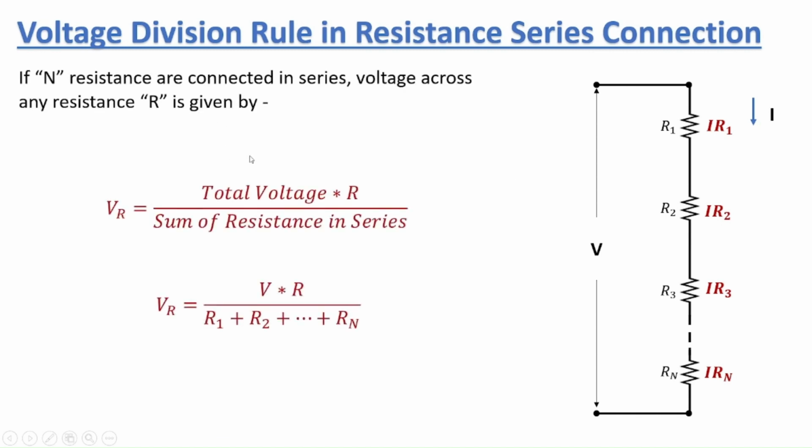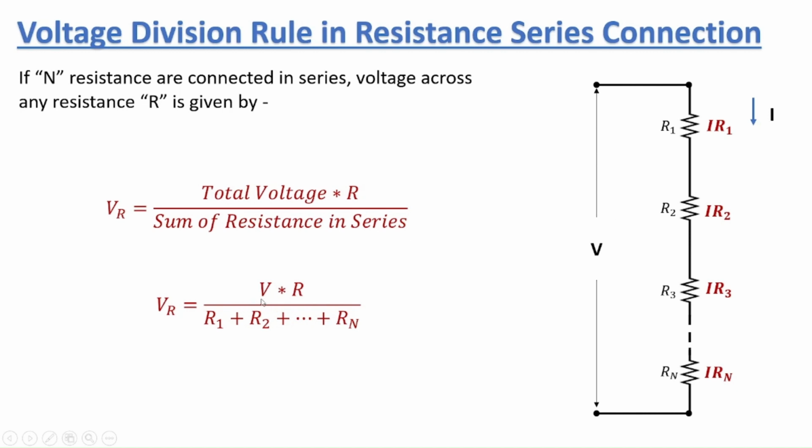For this purpose, we use this formula: VR equals the total voltage. Total voltage means the whole series connection. Across this series connection, whatever the voltage value is, that voltage we take here. So this is the total voltage. Multiply it with the resistance value whose voltage drop you want to calculate and divide it by the sum of all the resistances in series.